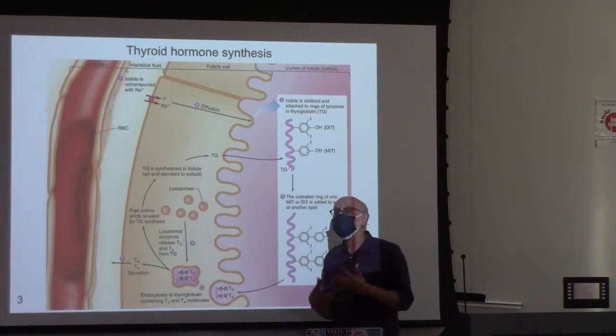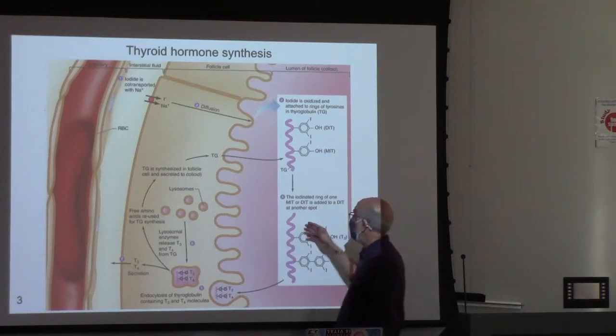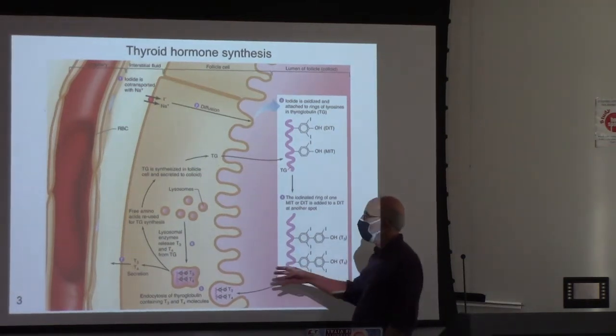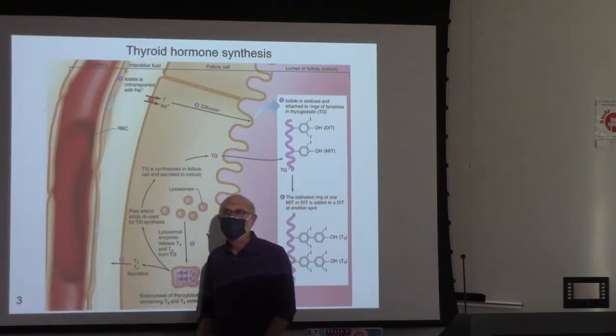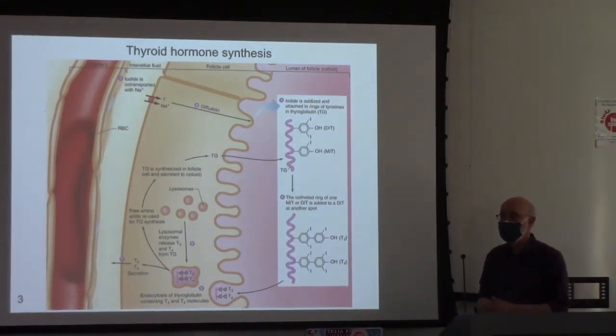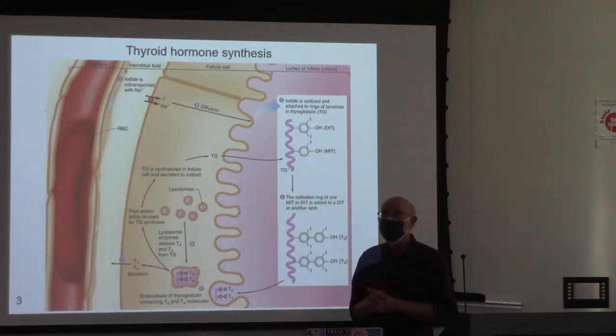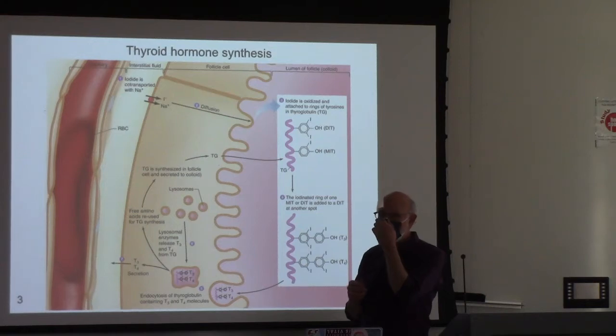It depends on the synthesis of iodinated thyroglobulin and then that cutting and release. It's a different story from just about all the others. We're going to see something like this when we get to steroid hormones.